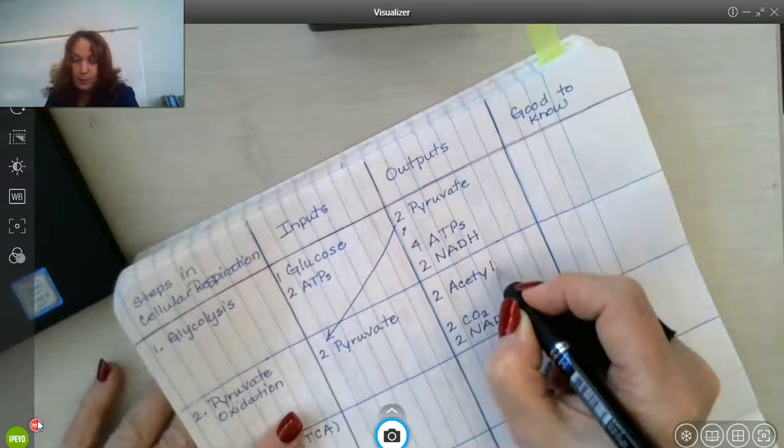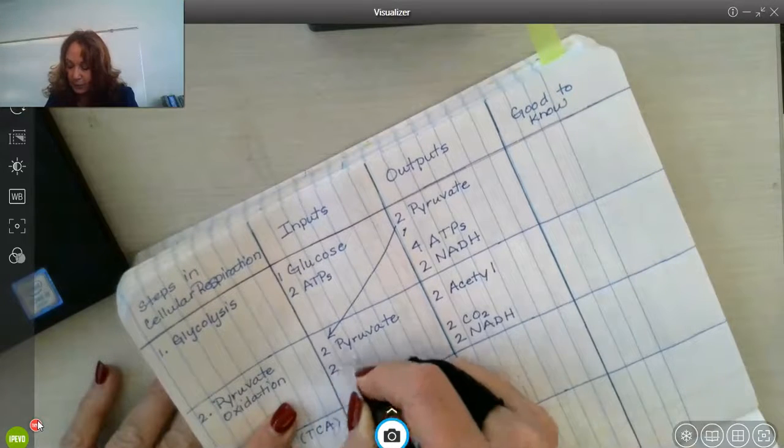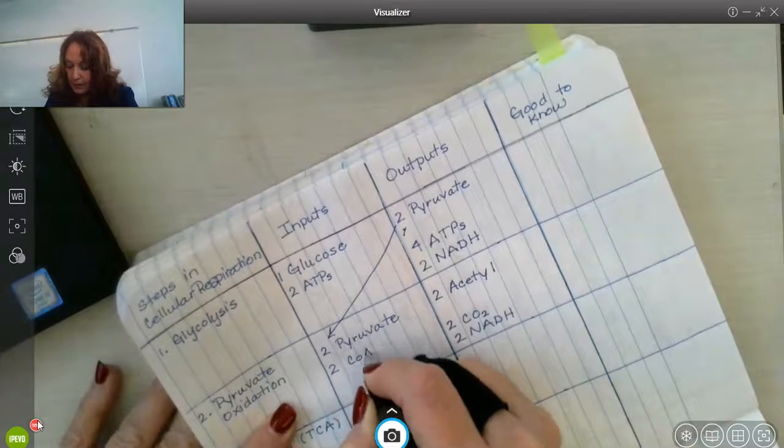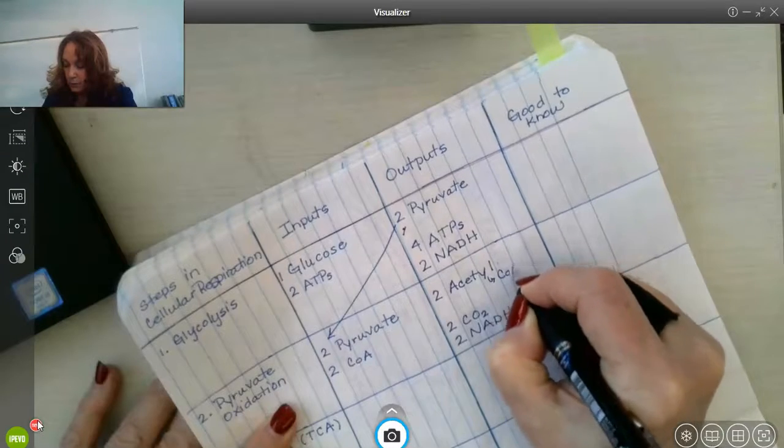We had to put CoA here, right? So we have to have available 2 coenzyme A in order to make acetyl CoA.